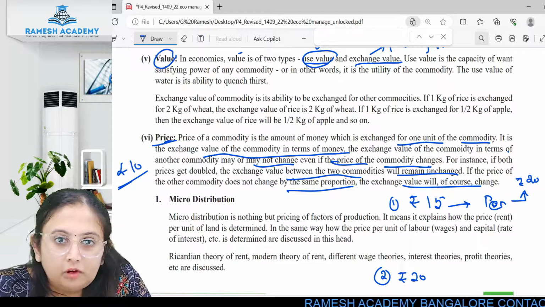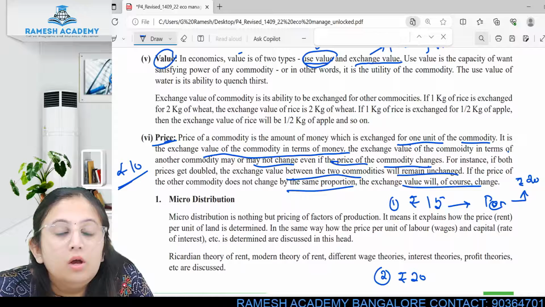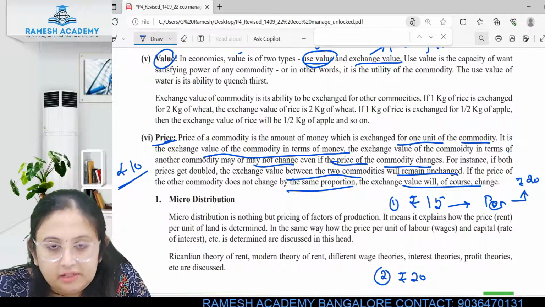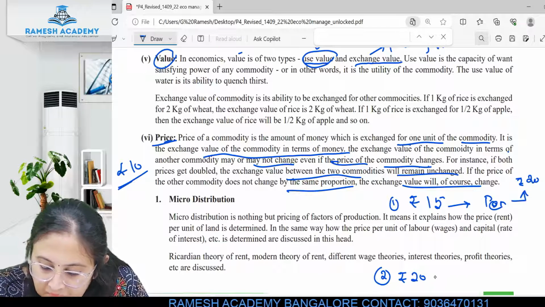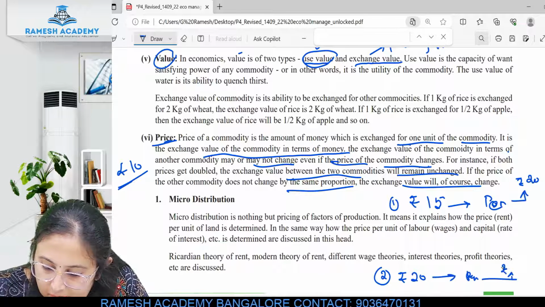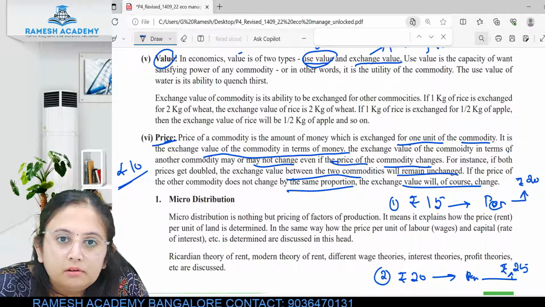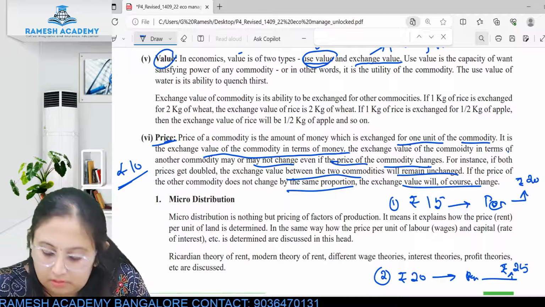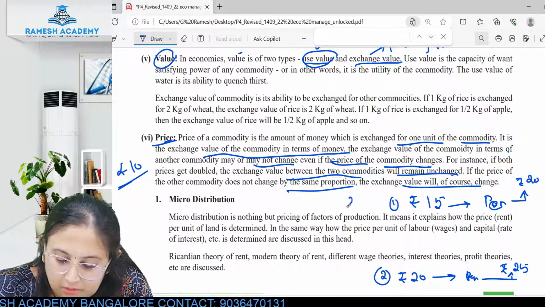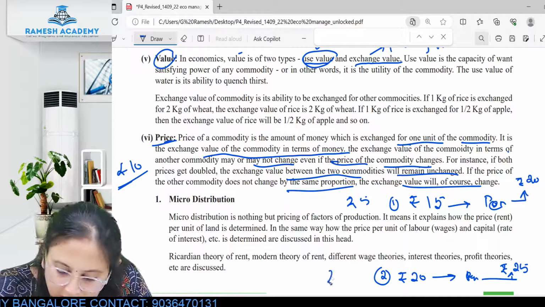Earlier you used to buy for 15 rupees, but now I have made it 20 rupees. Then you are selling that pen for rupees 25 now. Did it change your profit? In the first situation, your profit was rupees 5. In the second situation, also your profit is 5.